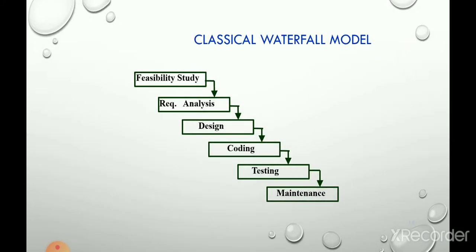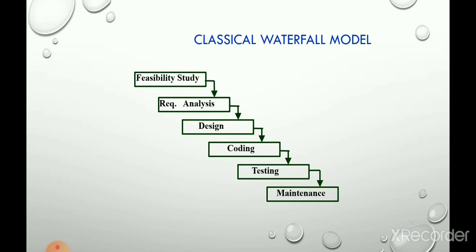These are the phases of the waterfall model. The waterfall model has 6 phases: feasibility study, requirement analysis, design, coding, testing, and maintenance. In this case, the waterfall model says that the engineer does not commit any error while developing software, but practically it is impossible.